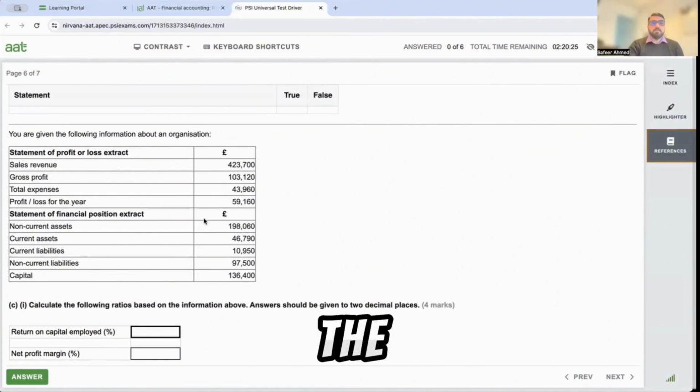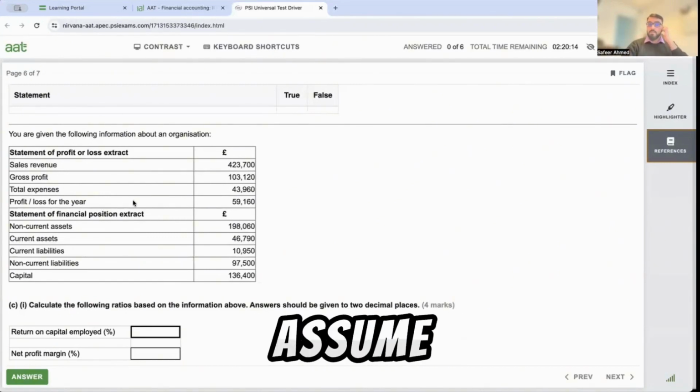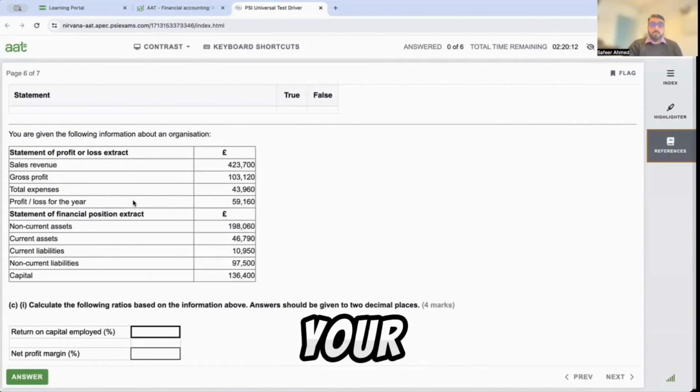And the numerator will be the profit. Now it will be the operating profit, but as you can see they have not given you profit for the year separately and then operating profit separately. So we will assume that the profit is your operating profit as well, which is 59,160, divided by... sorry, let me double check that again.